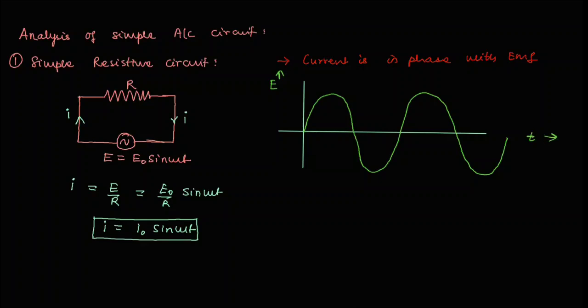So the current with time which we are drawing in blue will be in phase with the value of EMF, so we are getting I as t in this same way. So current and EMF both are in phase with each other.